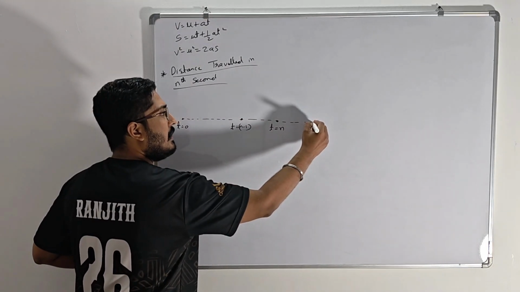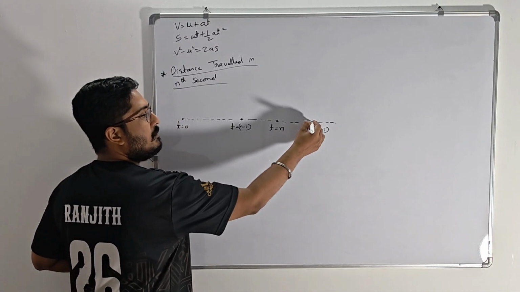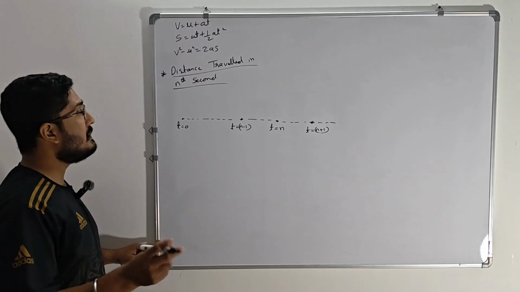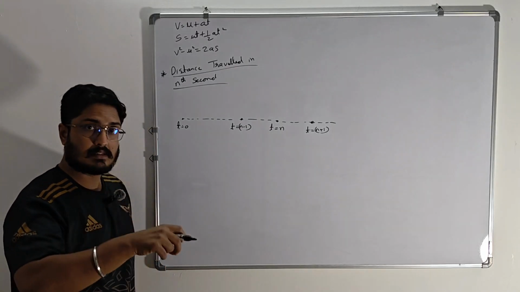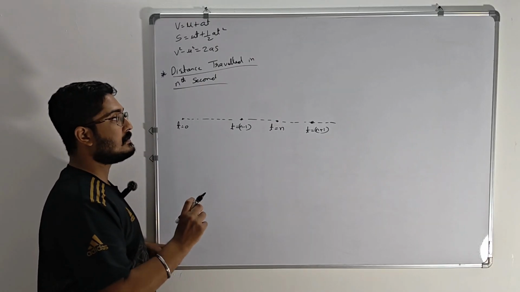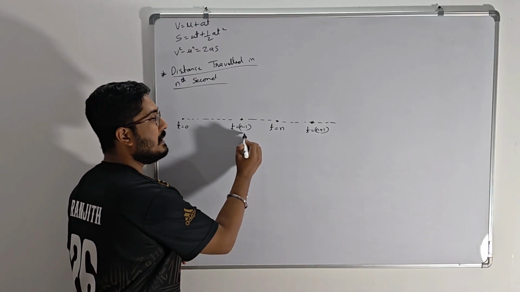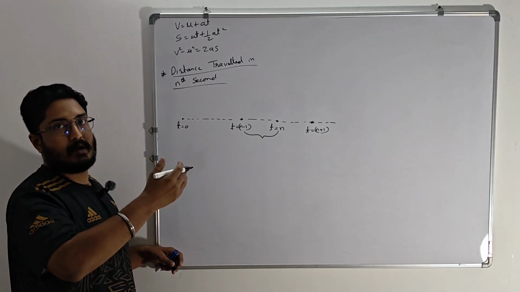And after this, at time t equals n plus 1 second, the particle would be at this position. When they say find the distance traveled by the particle in the nth second, what they're trying to ask you is to find the distance traveled by the particle between the time interval of n minus 1 and n.